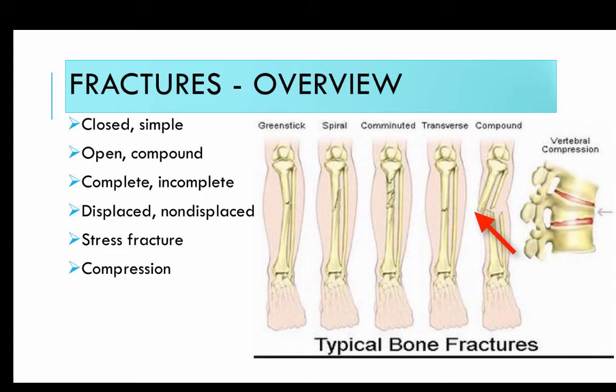You can have a complete or an incomplete fracture, where the bone is broken all the way through or not broken all the way through. The greenstick fracture in the first one is an incomplete fracture. The transverse fracture is a complete fracture. Now you can also have a displaced fracture. That compound fracture is a displaced fracture.